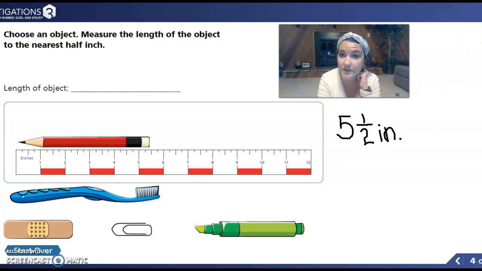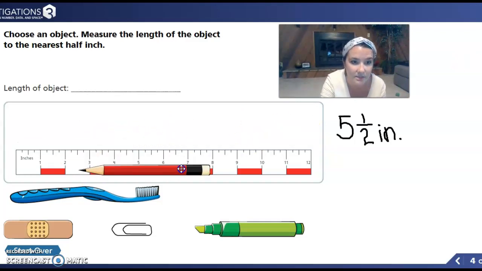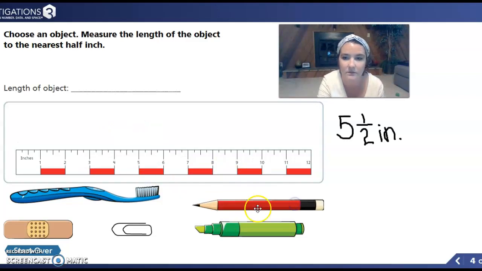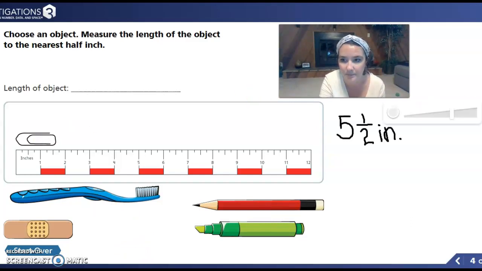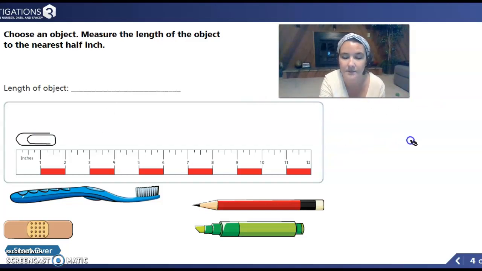So as we're measuring during our different activities today, it's going to come in handy to know how to measure in between inches. So let's do one more. How long is the paper clip?